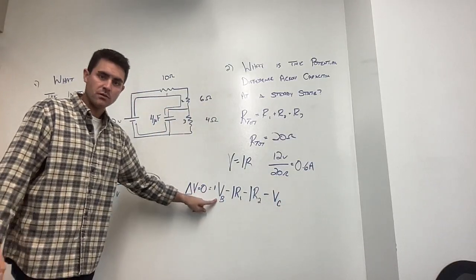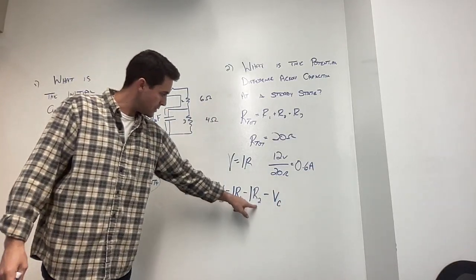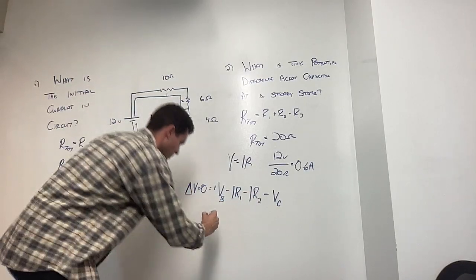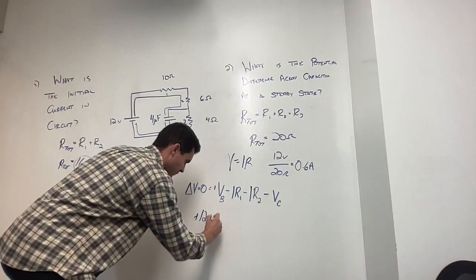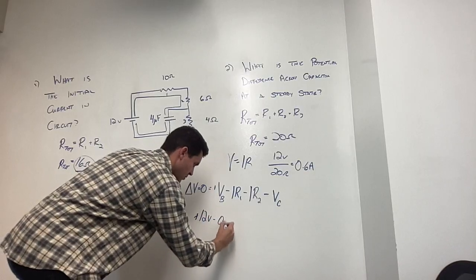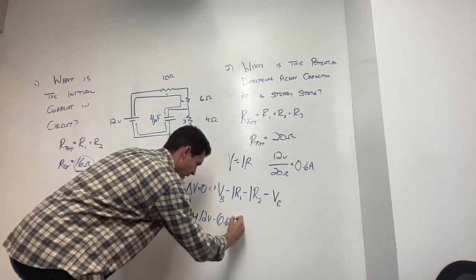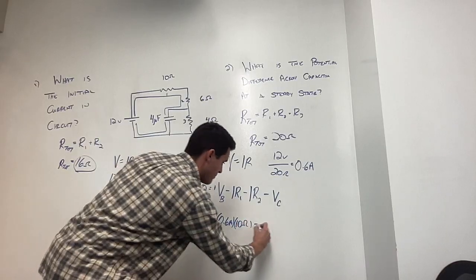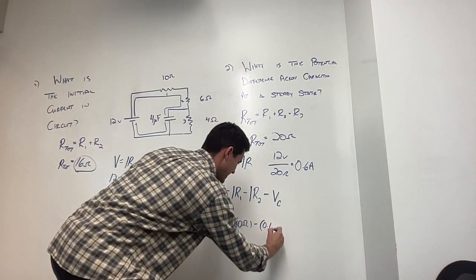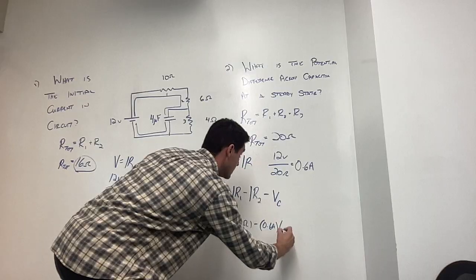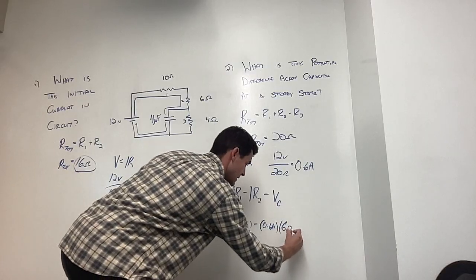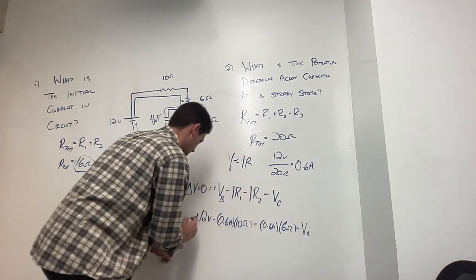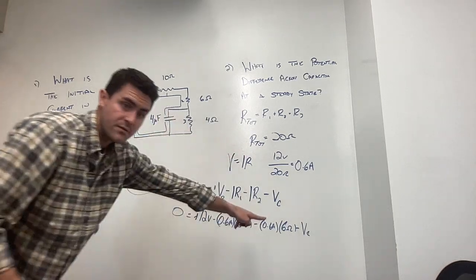The battery supplies 12 volts, consumed, the total should be 0. Let's do some math. So I know I got positive 12 volts at the battery, minus the 0.6 amps at resistor 1. We said that was a 10 ohm resistor, minus the 0.6 amps at the second resistor times its 6 ohms of resistance. And I'm trying to find what VC is.